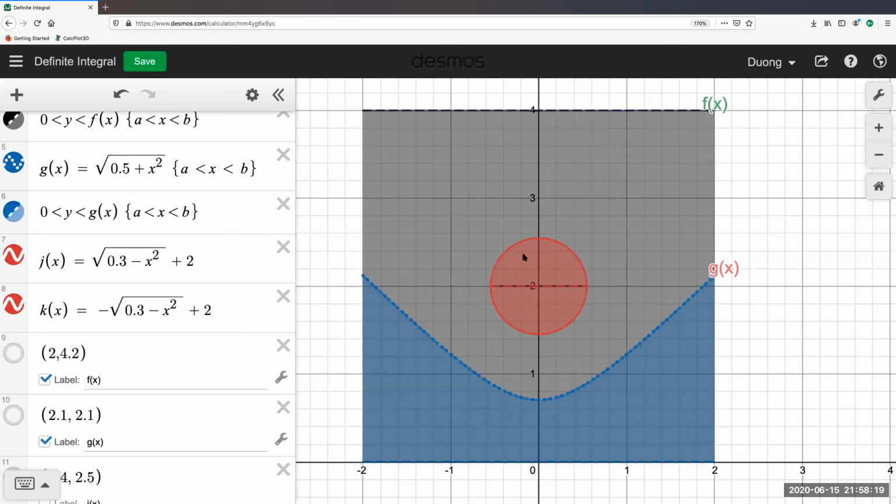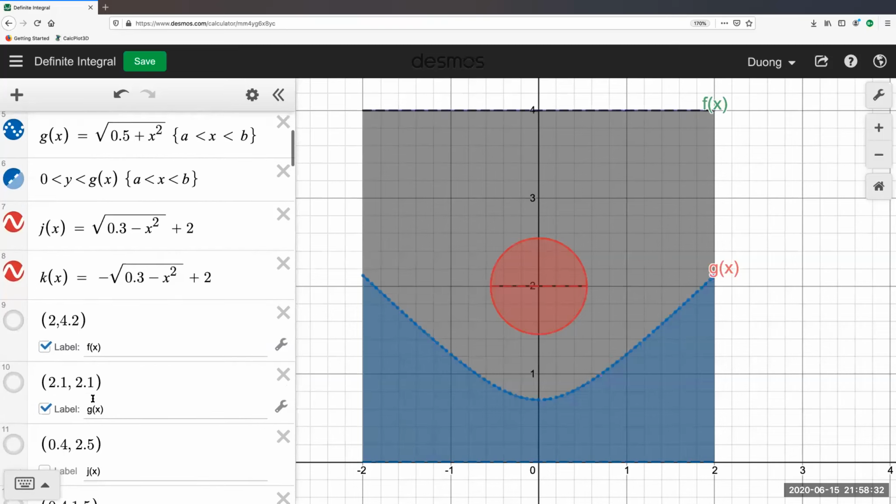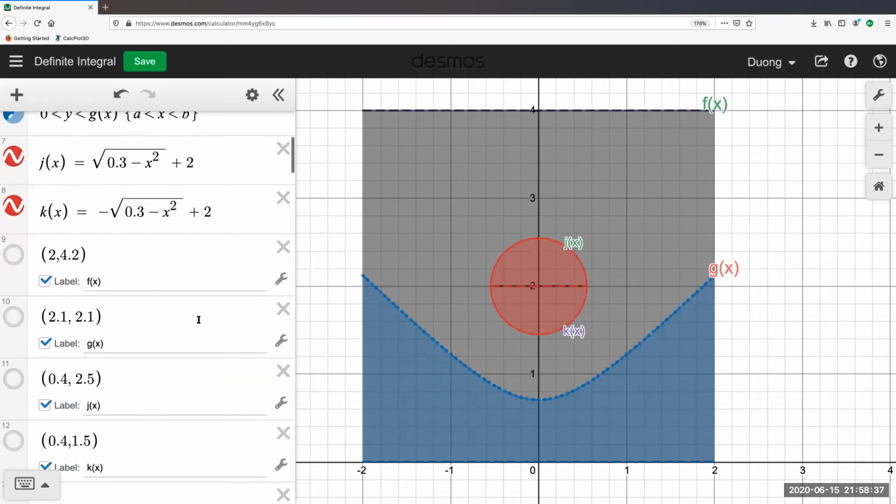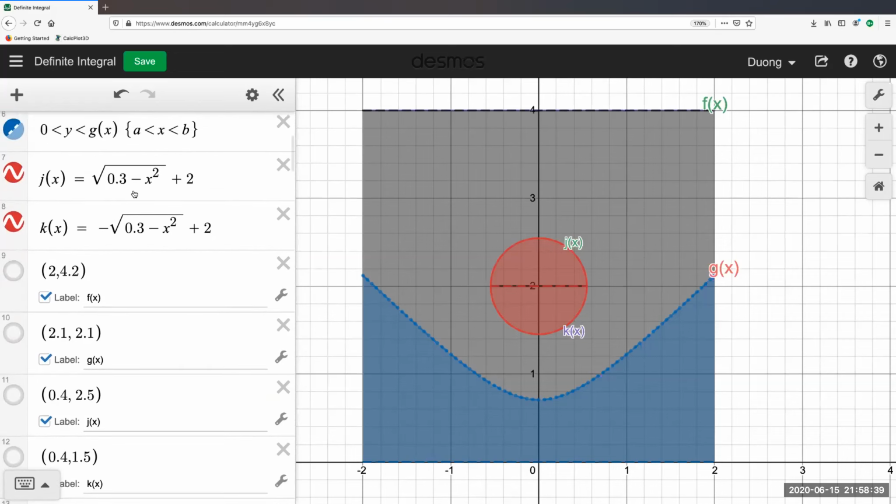And then I can try to figure out the function that describes the upper half of my circle and the function that describes the lower half of my circle. So I call j the upper half function, and k the lower half function. And using the circle formula, I figure out j of x equals square root of 0.3 minus x squared, plus 2. And k of x is negative square root of 0.3 minus x squared, plus 2.